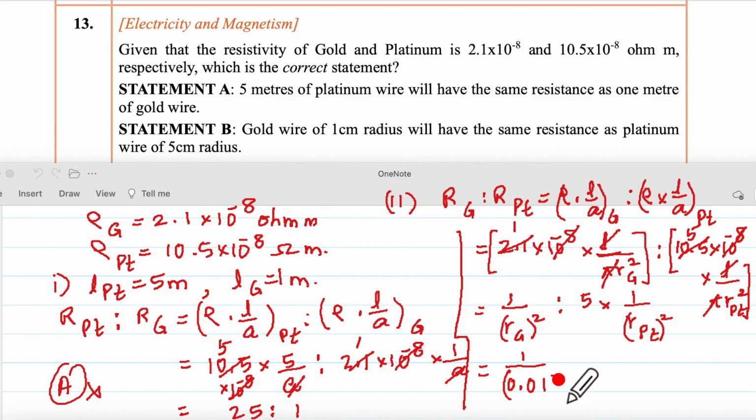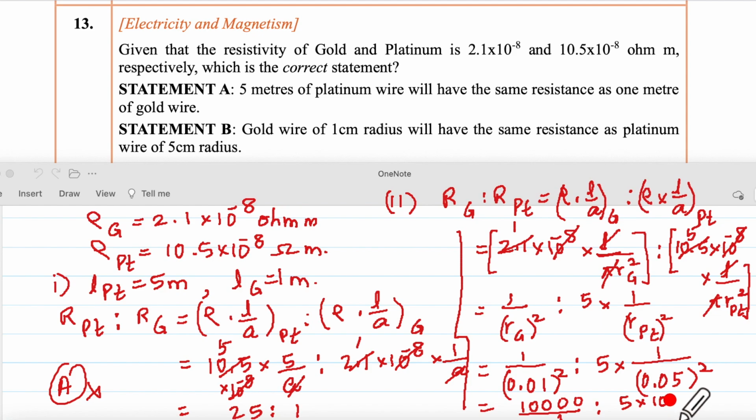Now this is 0.01 whole square is to 5 into 1 upon, this is how much? 5 centimeters radius. So this radius is 0.05 whole square. Now can you see this will give us 10,000 upon 1 is to here 5 into 10,000 upon 5 square is 25.